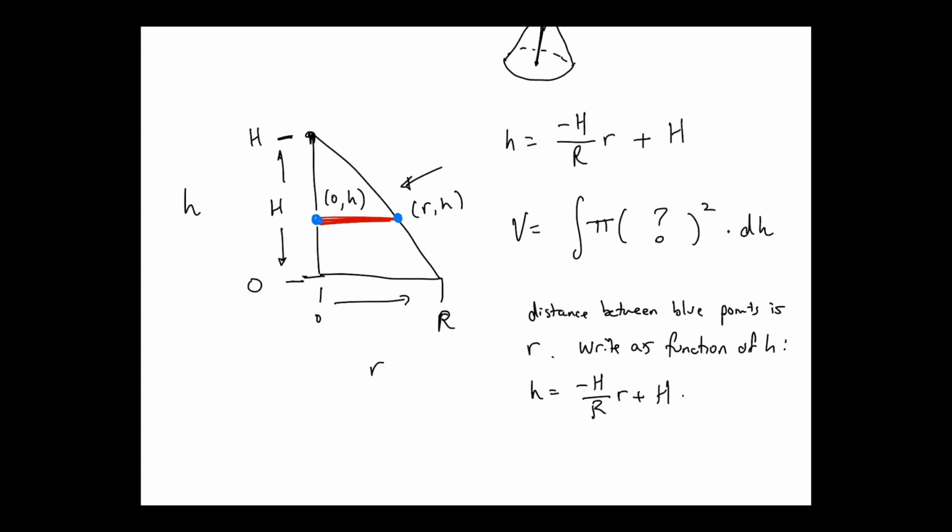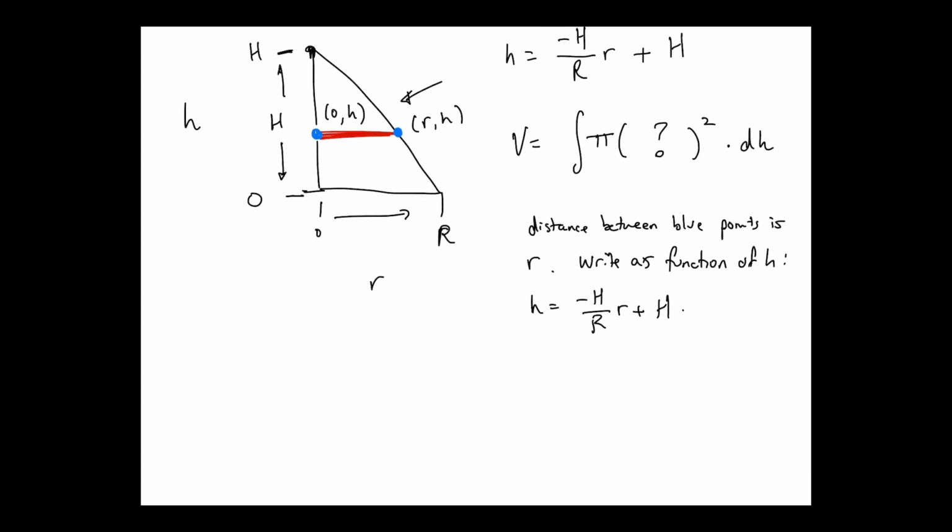How do I solve that for little r? Well, first off, what would I do? I'd move the capital H over, and then I'd just multiply by the reciprocal of that fraction.